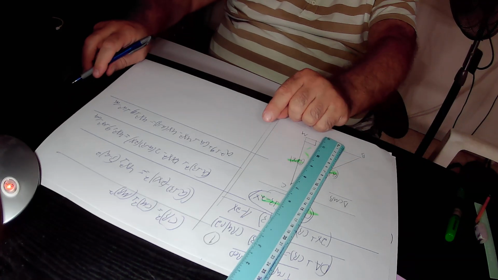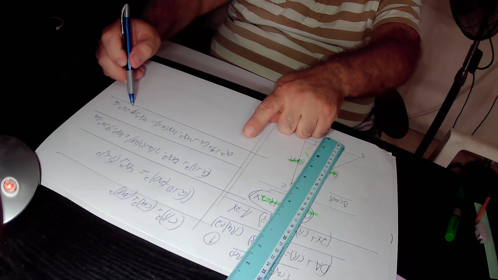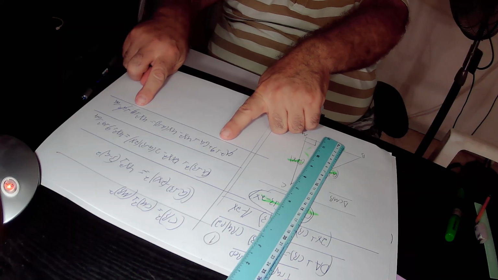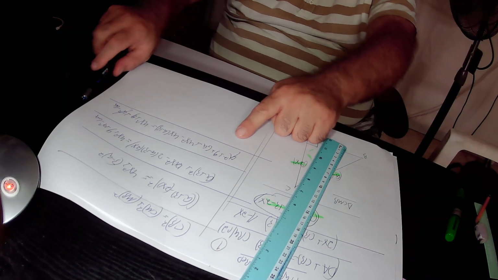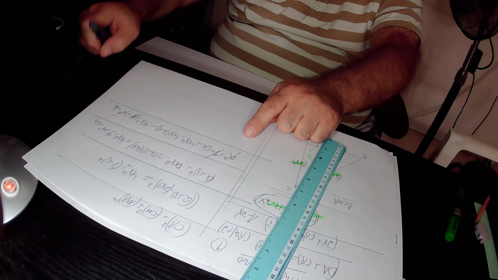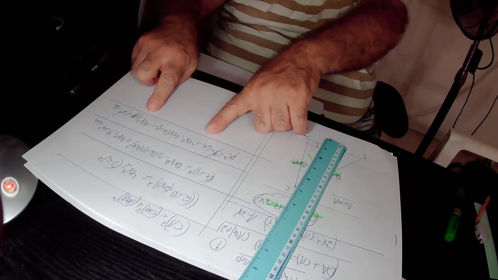Here we have A squared on both sides of this equation, so A squared gets cancelled. We have 9 on both sides of this equation, so 9 also gets cancelled. And we have 4x squared on both sides, so 4x squared also gets cancelled.